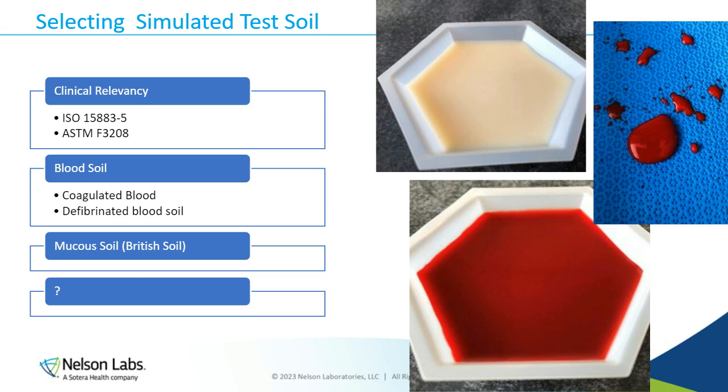And we're seeing regulations really honing in on this simulated use soil, right? ST90 goes into very much detail that things that are used in the procedure with the devices, you want to add that in your test soil to make sure that they can be removed adequately. It's very important that we have that.